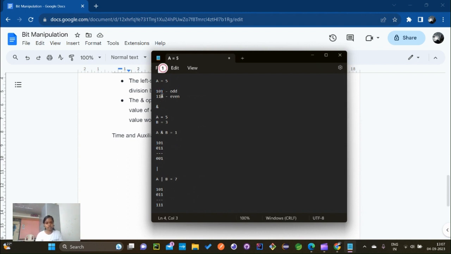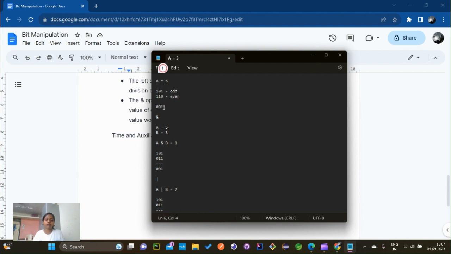If it is 0, then it's even. Instead of checking the last digit directly, we use the and operation. So here it takes 0 0 1, this is the 1. If we do and of this with this, we know if one bit is 0, the output is 0, right? So this and this will be 0, this and this will be 0.